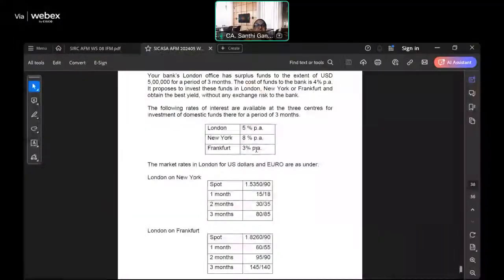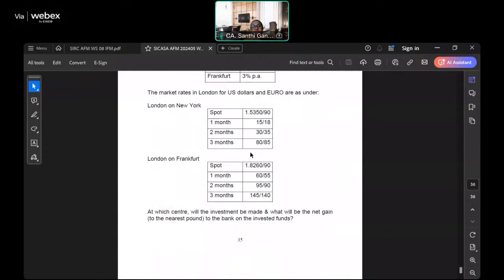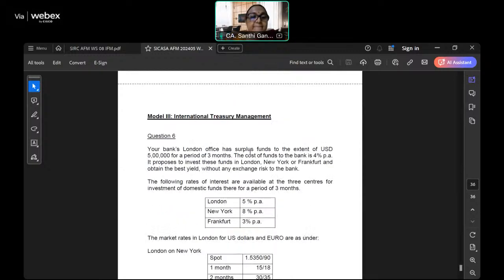So let's take this problem. What is this problem? The requirement is at which center will the investment be made and what will be the net gain to the nearest pound to the bank on the invested funds.